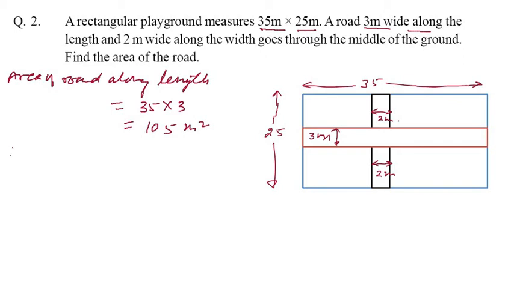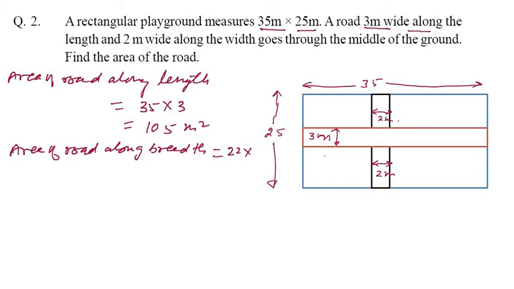But now find the area of road along breadth. So you can say length is less by 3 meter here. So the total is 25 and less 3, so it becomes 22.